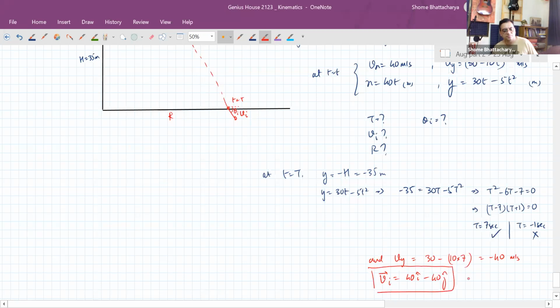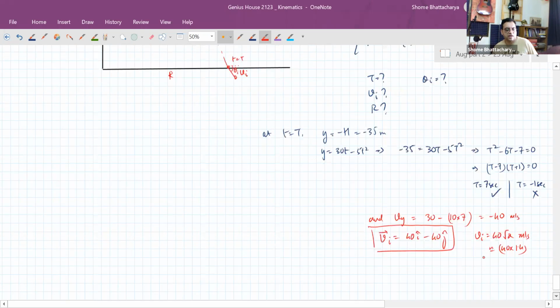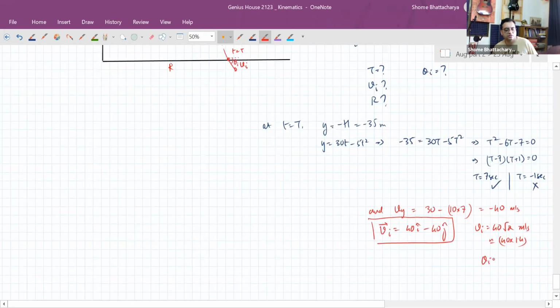So the impact speed would be 40 root 2 meters per second, or approximately 40 into 1.4. And the angle of impact, therefore, will become 45 degrees, because these are both 40 and 40, so it's very easy to work out.